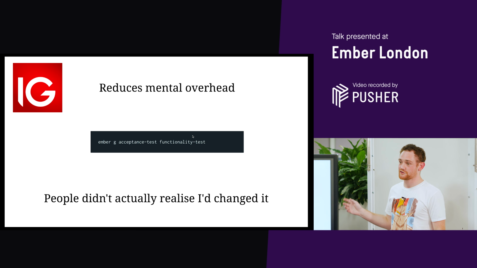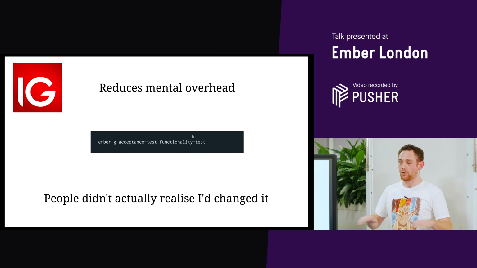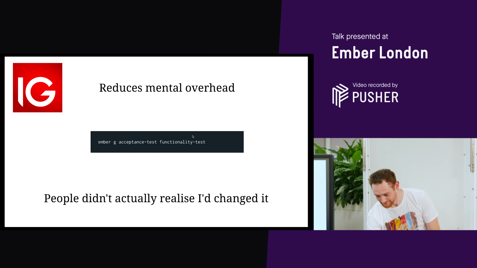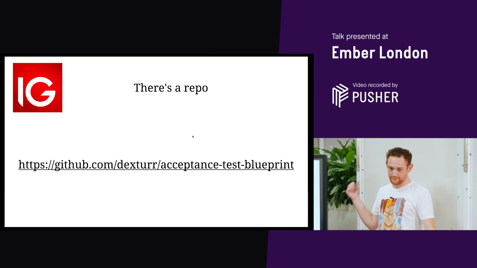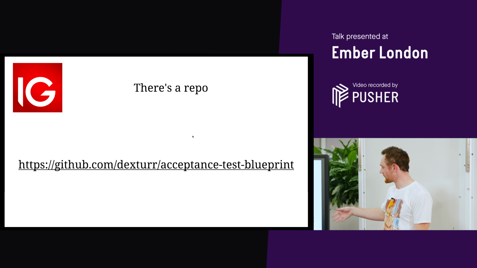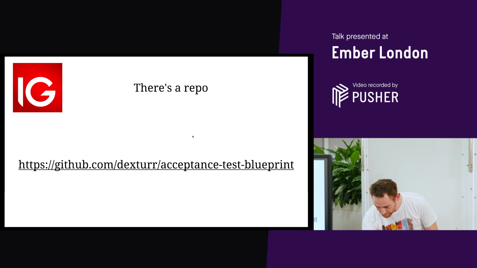And I actually did this, and we had a junior dev join our team recently, and he had no idea that the acceptance test blueprint had even changed, which I think is the perfect thing for the solution. If you don't know Ember blueprints and overriding them and messing about with that, there's an acceptance test blueprint repo that I've just chucked up there, which is this exact pattern if anybody wants to copy it, because I found it to be quite powerful.